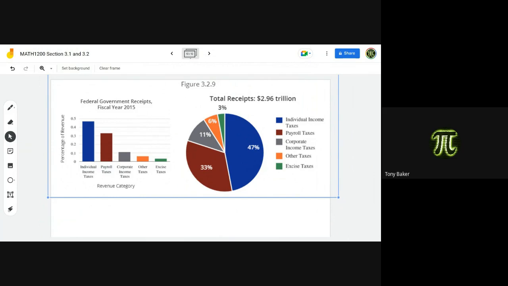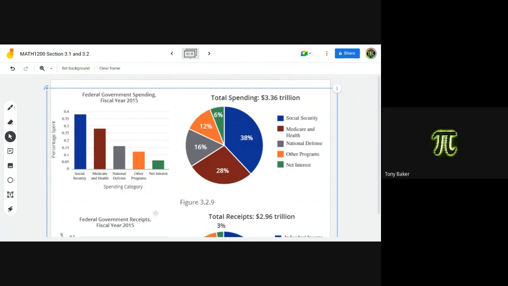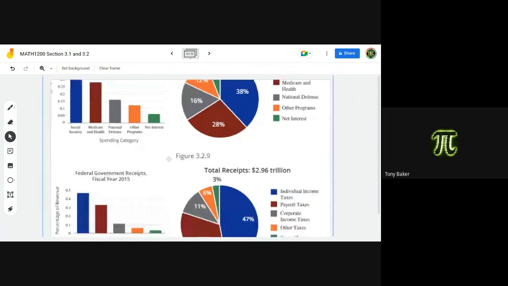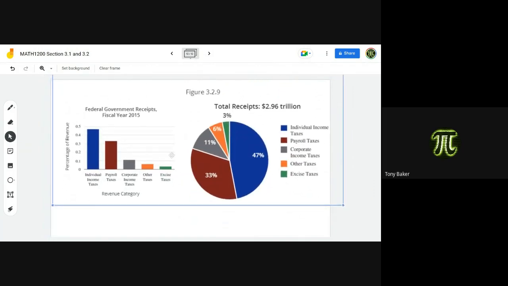That's Social Security and Medicare. All right, so how much of the spending was Social Security and Medicare? Combine them. What did you get as a percent? 66%? And only 33% of the money coming in was to cover those.